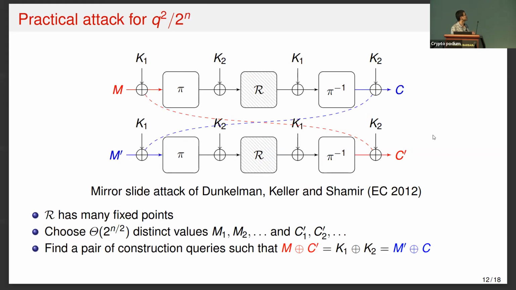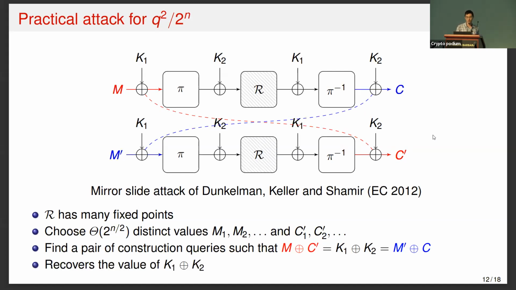But at the same time, this XOR of keys is equal to the XOR of the new message with the ciphertext. This means that the value here needs to match this value, and the value here needs to match that value. Once this can be matched, we are able to recover the values of K1 and K2. This is really a practical attack that can be performed when we have enough fixed points.